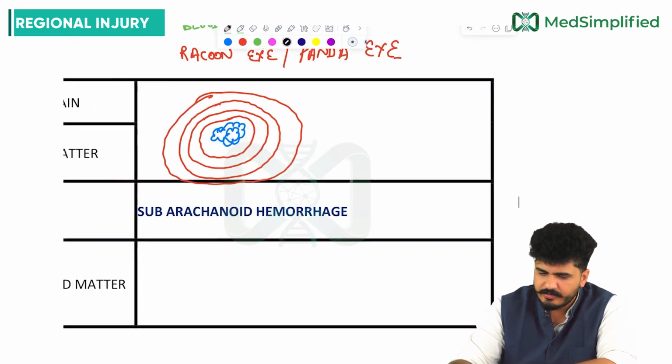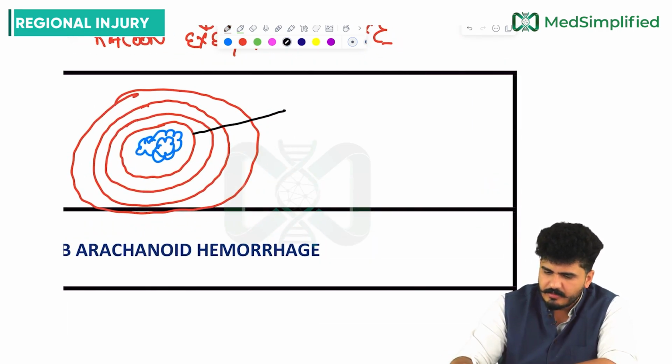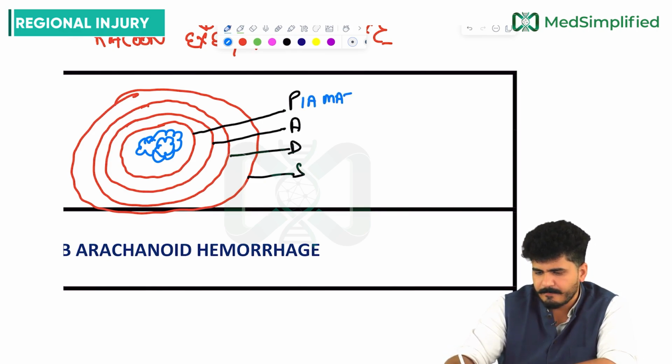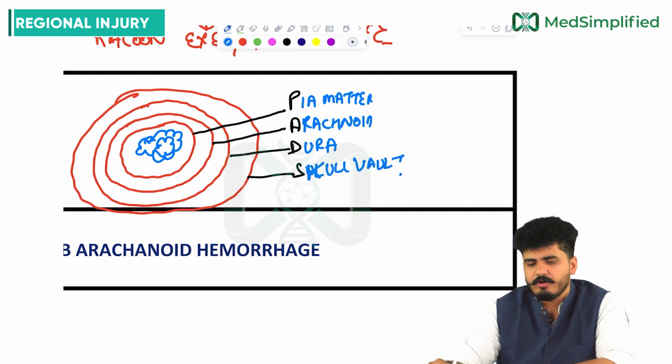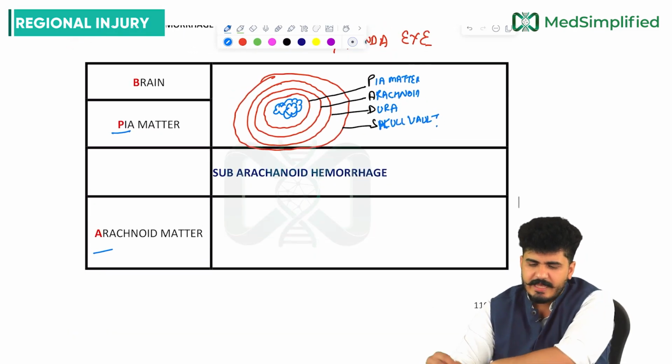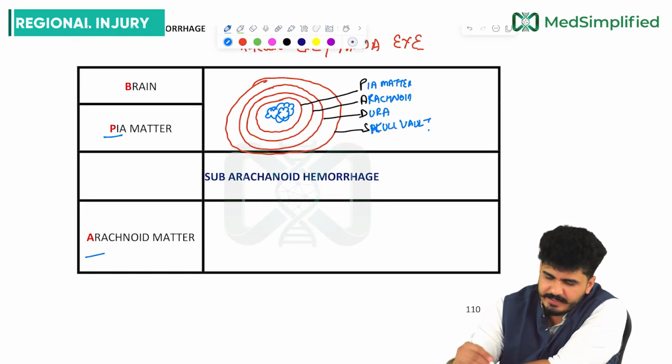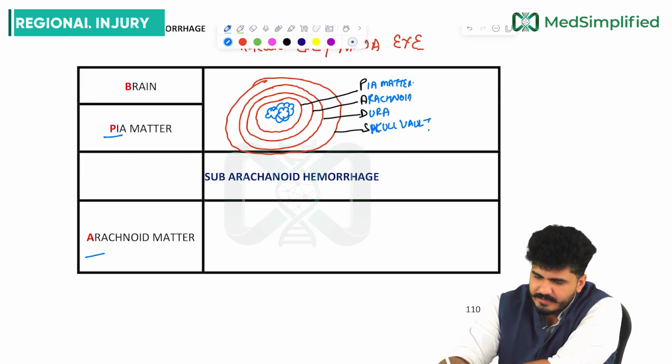P, A, D, S. This is pia matter, arachnoid, dura, and skull vault. Now we will see the hemorrhages happening between the pia matter and the arachnoid matter.